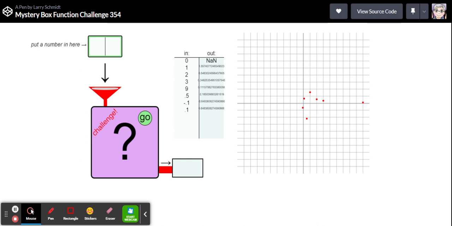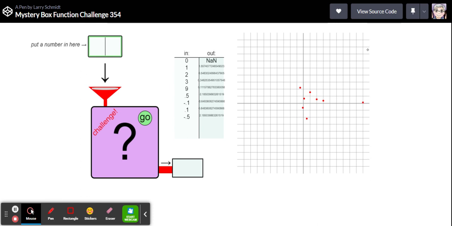Let's do a negative 0.5 as well. Yeah, that's also that 2.18. So this is interesting. It's definitely going up and down a lot, and we're getting some interesting kind of symmetrical looking stuff. So this point and this point, symmetrical across the origin, and this point and this point. And then it sort of smooths out later on.